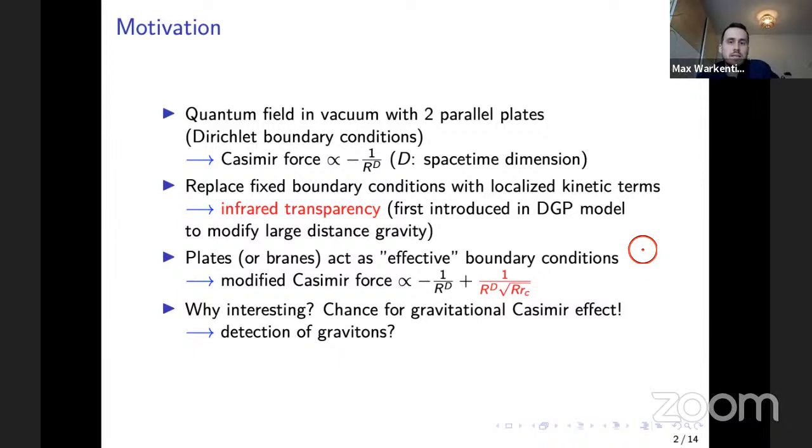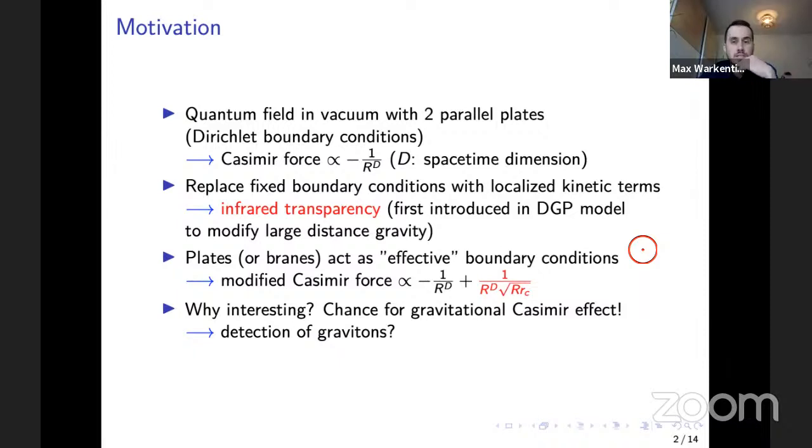Now you might naturally ask, why should I care about this result? There are several possible answers, but let me point out the following. Usually one considers the electromagnetic field for the Casimir effect, and in that case it's fairly easy to construct plates with Dirichlet boundary conditions: we just take conducting plates.